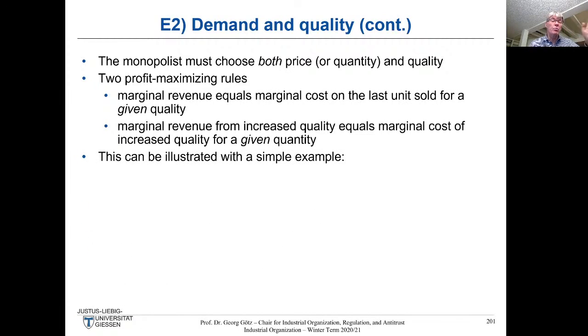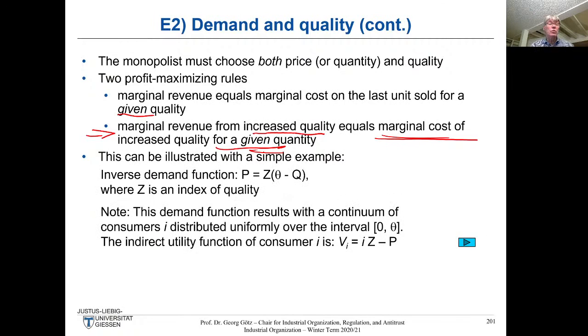First of all, as always, marginal revenue equals marginal cost in terms of the output for a given quality, but also we have a second optimization rule where we equate the marginal revenue from increased quality, higher willingness to pay, with the increased cost of higher quality for a given quantity, so marginal cost. And this I want to, if you give me another 5 minutes, I want to illustrate by a simple example.